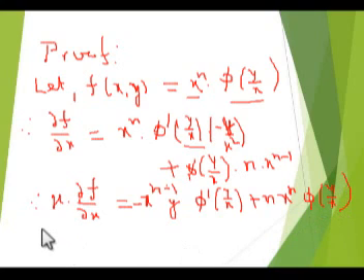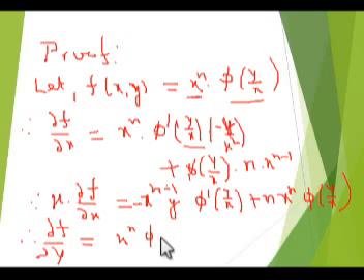Then we take the partial derivative with respect to y. Now x is a constant with respect to y, and we differentiate only y. We get x to the power n times the derivative of phi of y by x.